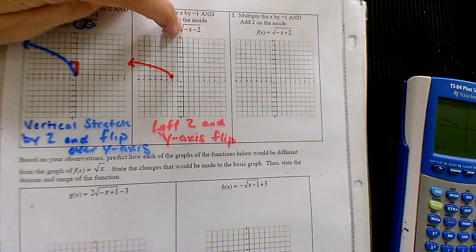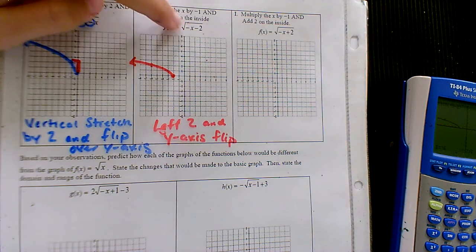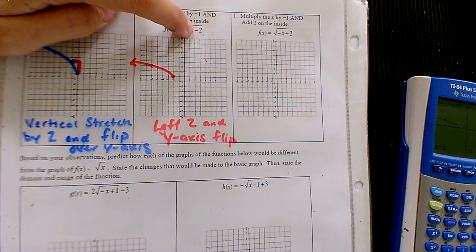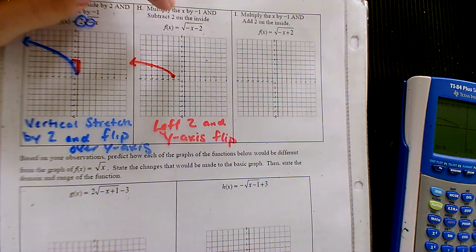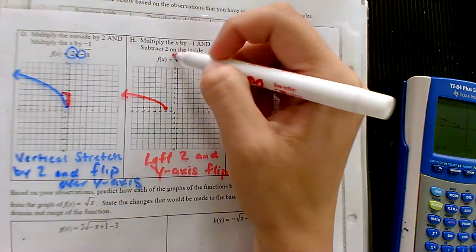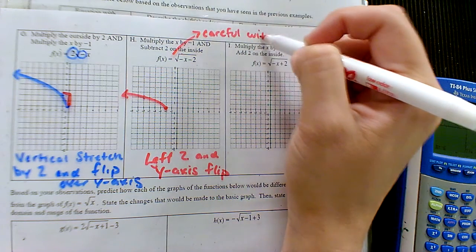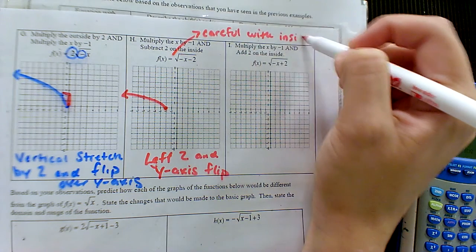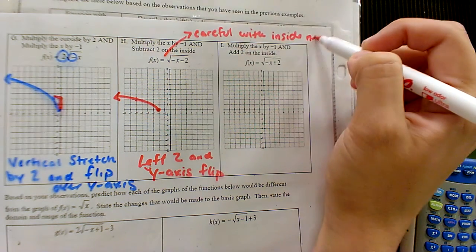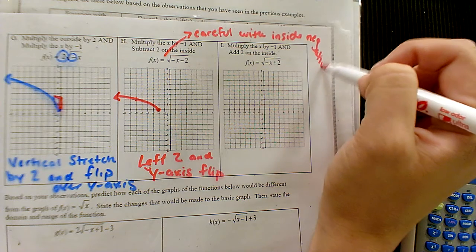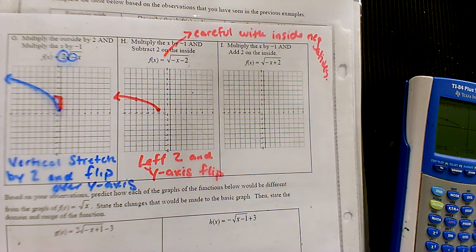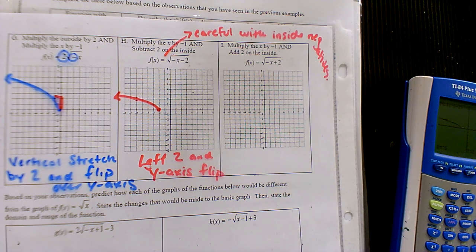You're making it the opposite because that negative is placed in front of the x. So it's a little tricky. Whenever there's a negative in front of the x, the way it moves left and right is actually changed. A little side note, we got to be careful with inside negatives. It's actually changing the way your graph moves.